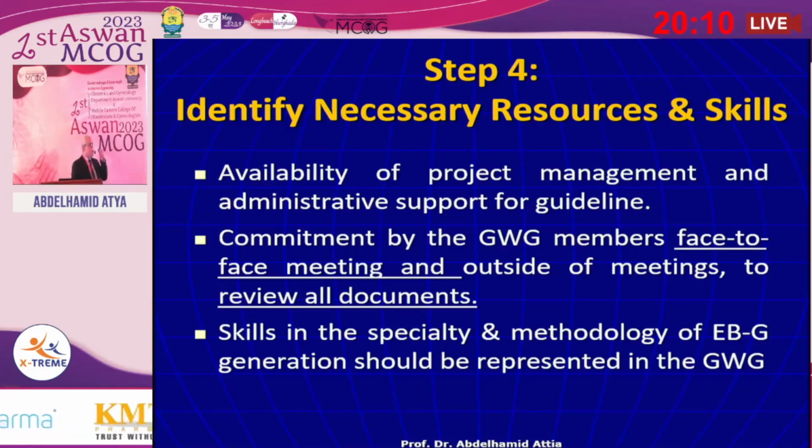They should show commitment, with an assigned time plan for face-to-face meetings and revision of the documents outside of these meetings. So commitment by the guideline working group members, face-to-face meetings and outside of meetings, to review all of the documents is very important. And you have to have people with skills in the specialty and the methodology of evidence-based guideline generation.